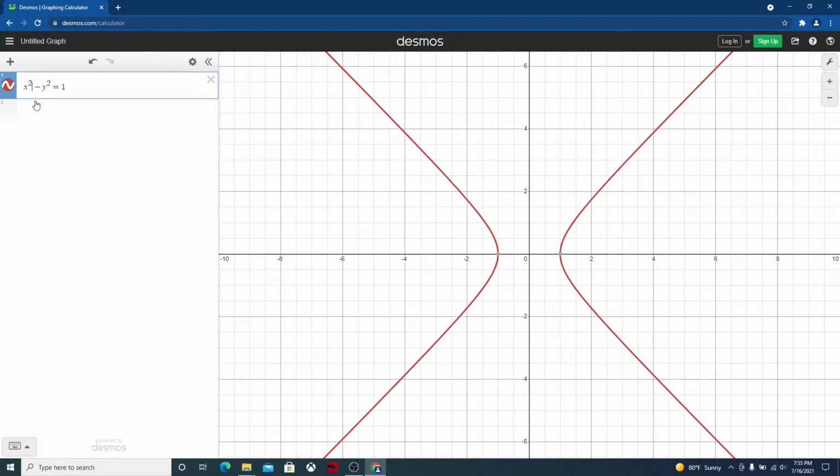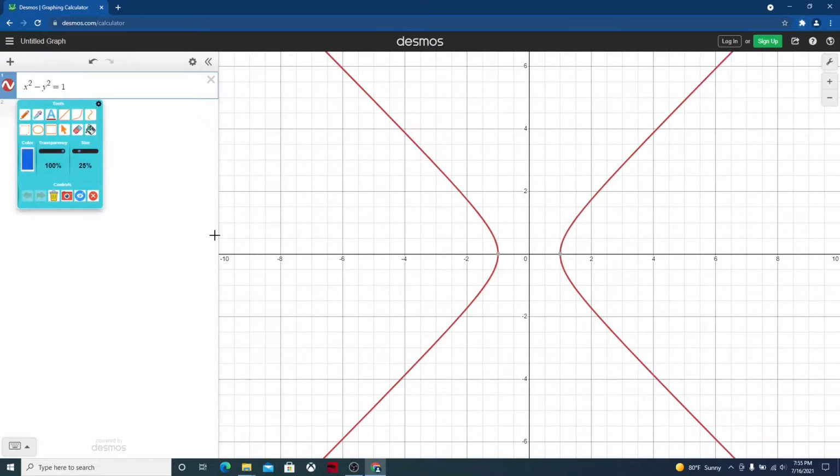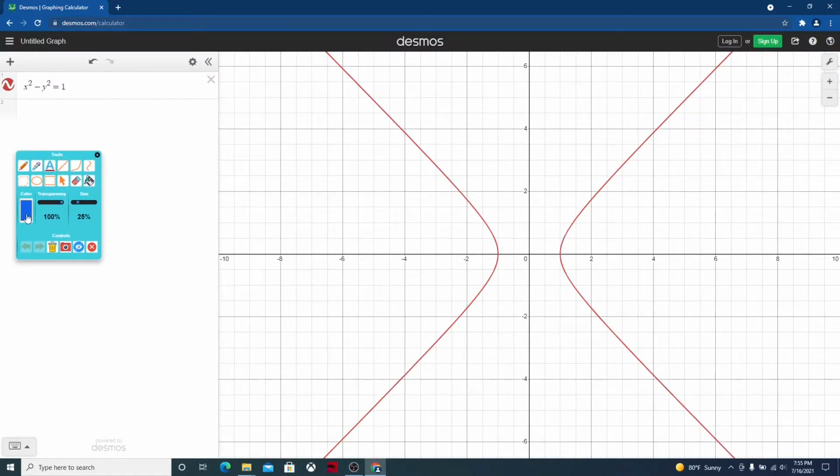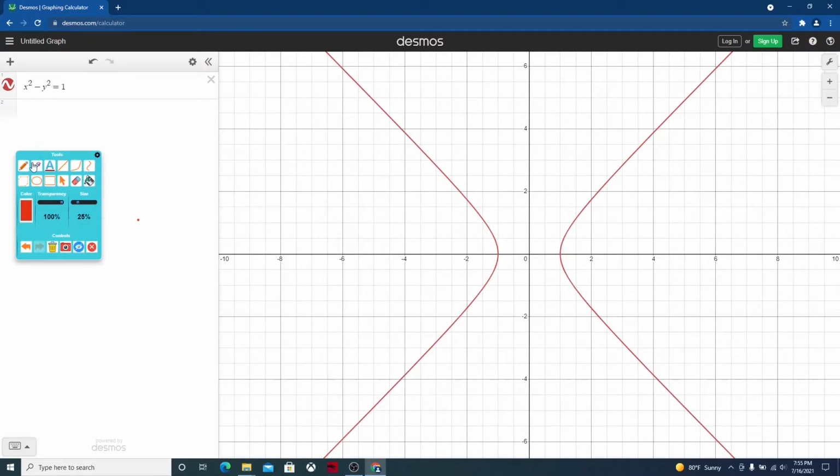Okay, and so we're going to explore what happens when we put numbers in the denominator under the x squared and the y squared. The numbers that we're going to use in this particular video are Pythagorean triples. I'm going to write these in red.